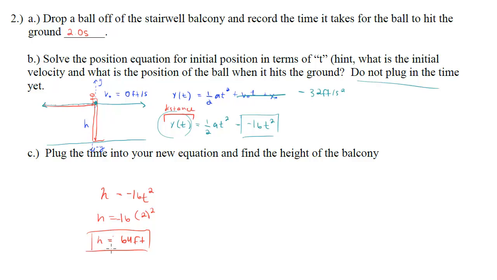But I think you get the principle, and I hope it's fairly straightforward why you don't need those terms anymore, because you're dropping it, which means you have no initial velocity, and we're calling this the origin. Equally valid, you can say, this is my 0.